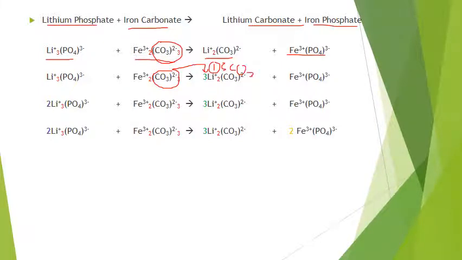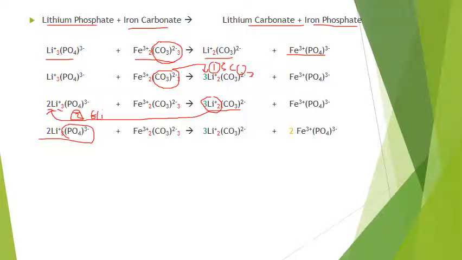First thing is get 3 carbonates. Okay, so I'm going to stick with this. And now look, I have 6 lithiums, so I need 6 lithiums over here. That's my second step. So it's 2 times 3 is 6, and my lithiums are now balanced.